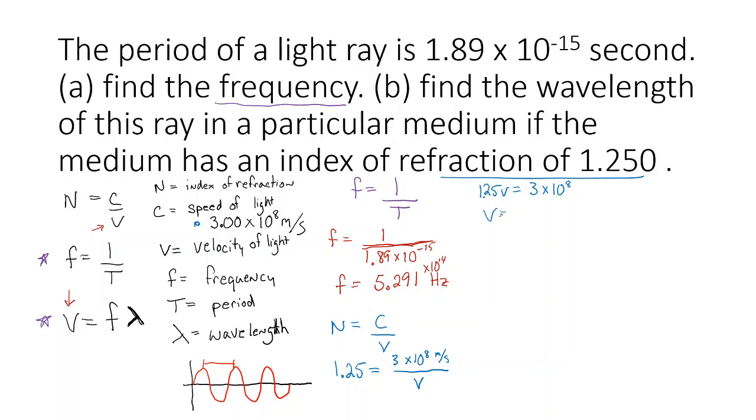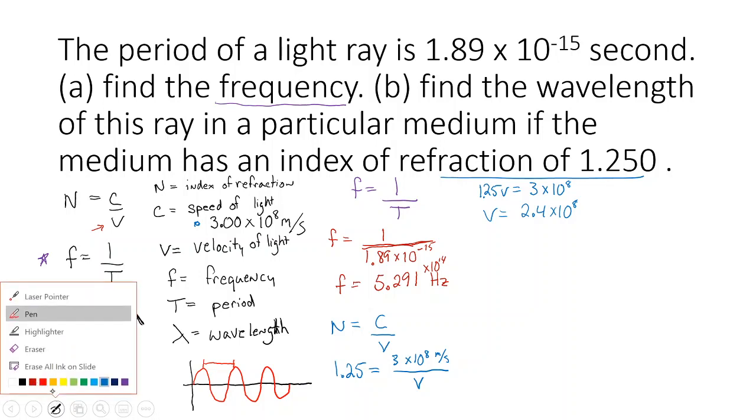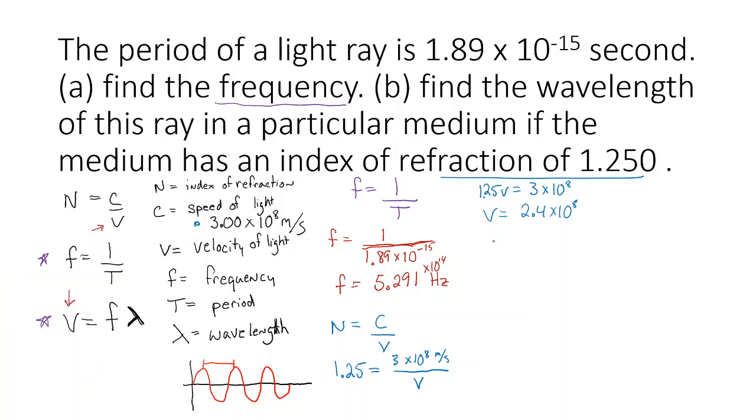So I get the velocity of this is 2.4 times 10 to the 8th. Now that I have velocity, I can plug it into the third equation, which will allow me to find wavelength. So the third equation is velocity of light in a medium equals frequency times wavelength.